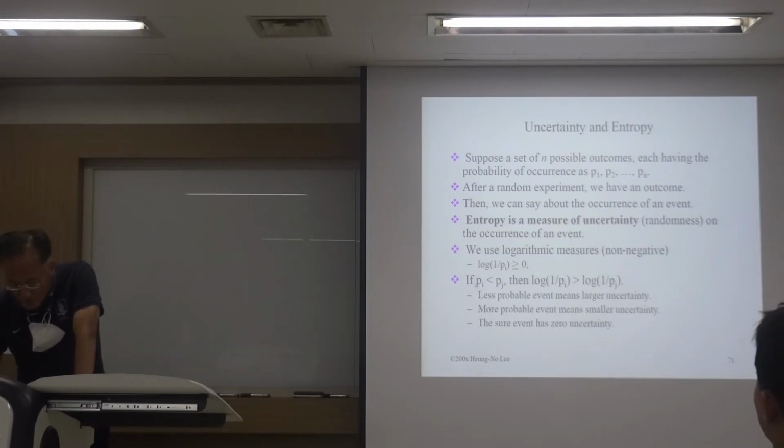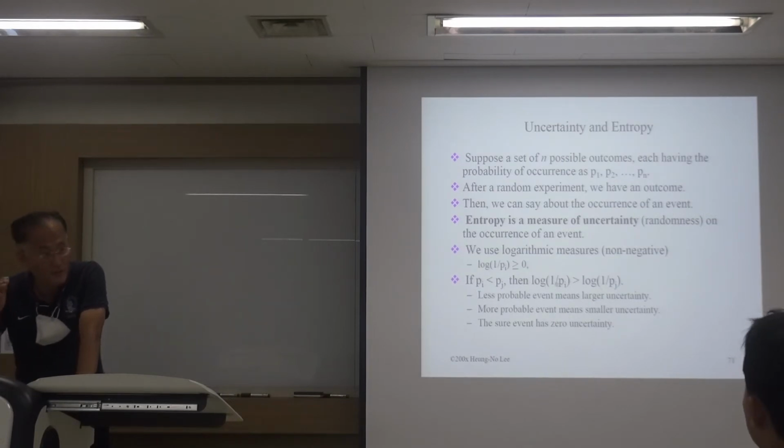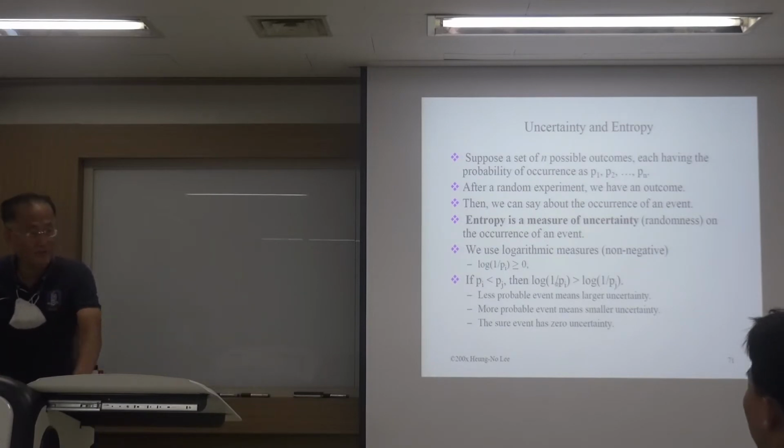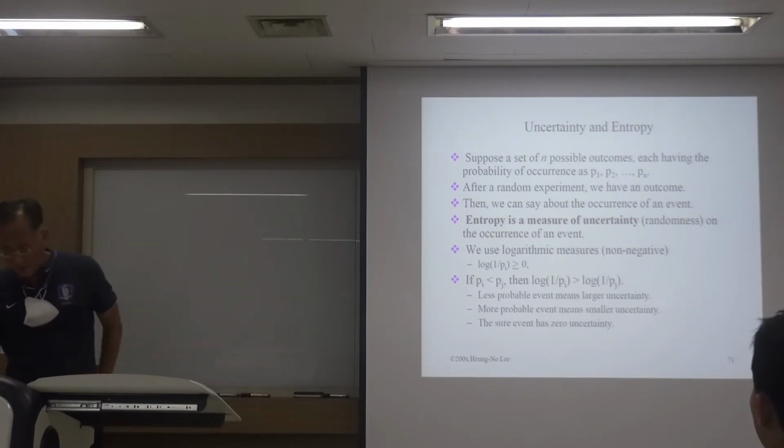If pi is smaller than pj, since we have taken inverse probability, log doesn't change the relation of which one is bigger. So log 1 over pi is going to be greater than log 1 over pj. What does this mean?